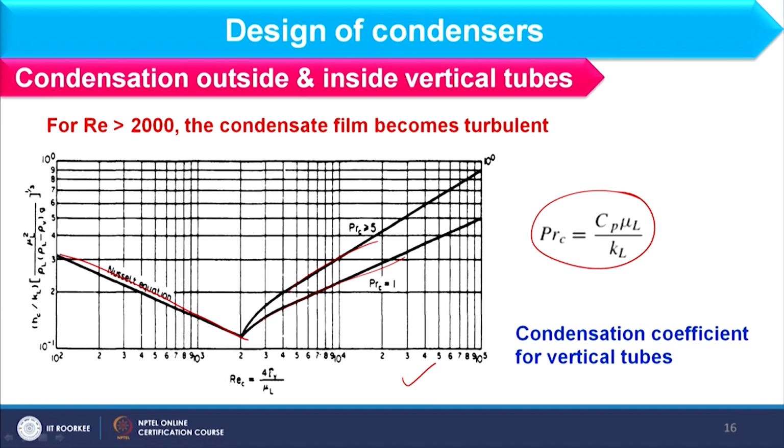Depending upon the Reynolds number and Prandtl number you can find the value of this factor, okay, and whatever value you obtain will be equal to this, and when you solve this you can find h_C, which is the heat transfer coefficient in condensation in vertical tube side or shell side condensation, right.